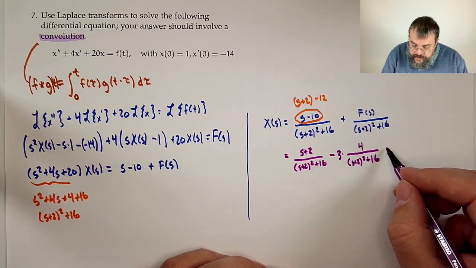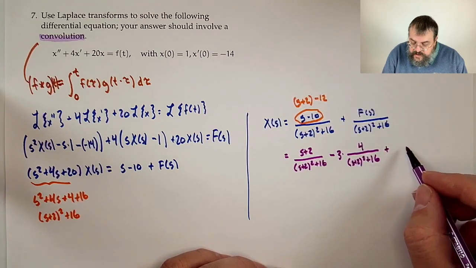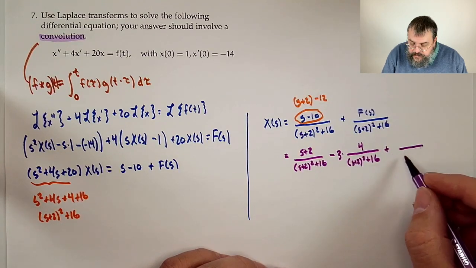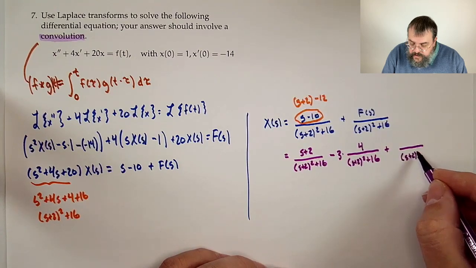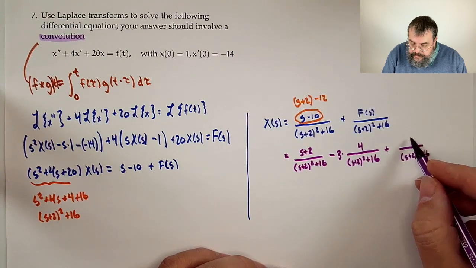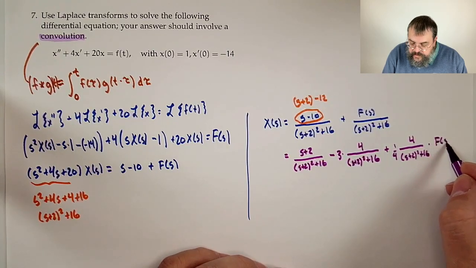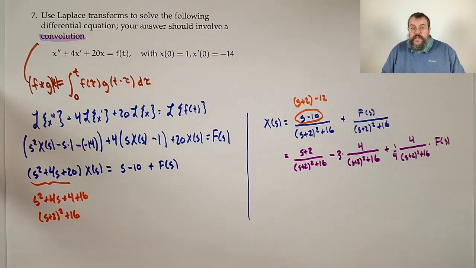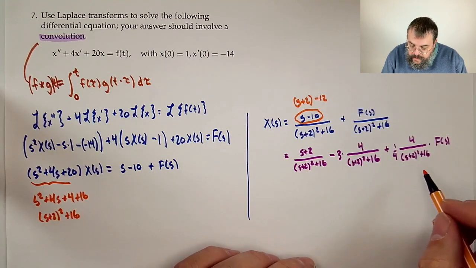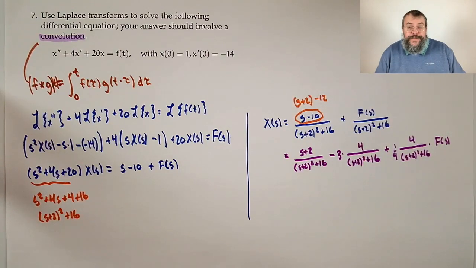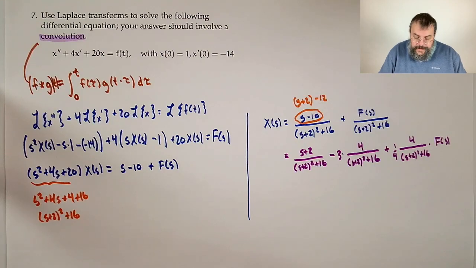And then this last part, again, just to emphasize what's going to go on, I'm going to do something very similar, where we have s plus 2 squared plus 16. I'm going to put a 4 and a 1/4 in front, and an f of s. And now, just to help set us up, all these pieces translate in a very nice way.